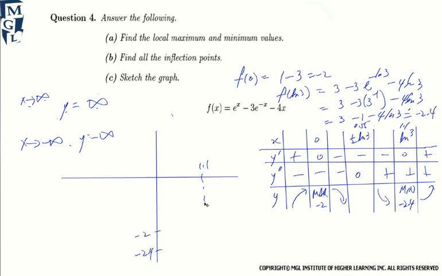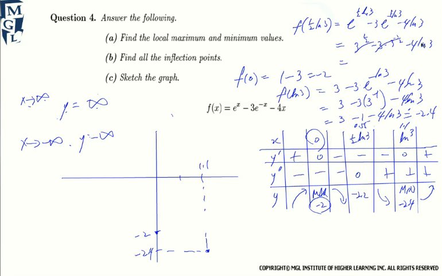Okay, so there's 1 point, and half of ln of 3, so right here it's going to be 0. Oh, sorry, it's not going to be 0. When x is 0, it says here it's going to be minus 2.